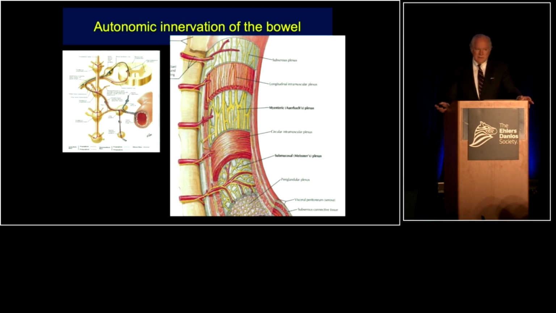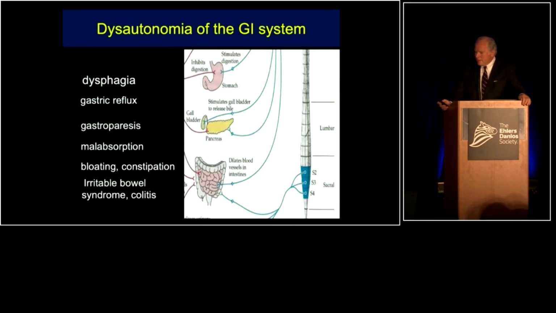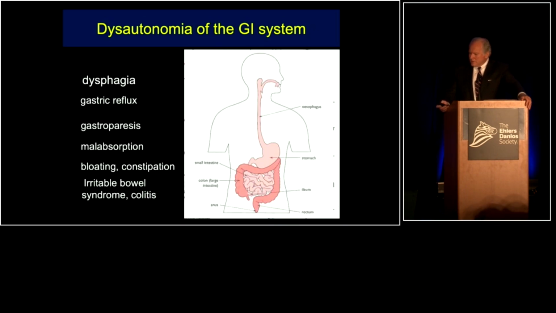At the same time, the sympathetic fibers are there, and if the adrenaline level increases, you see a decreased blood flow to the bowel, decreased absorption, maybe more diarrhea, and less contraction of the bowel and gastroparesis. So we see the parasympathetic system then predominantly governing the GI system. And when that's out of whack, we see dysphagia, difficulty swallowing. We see gastric reflux. We see gastroparesis, malabsorption, bloating, constipation, and incontinence.